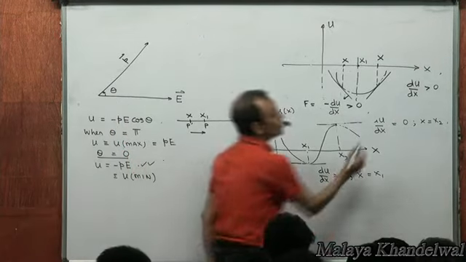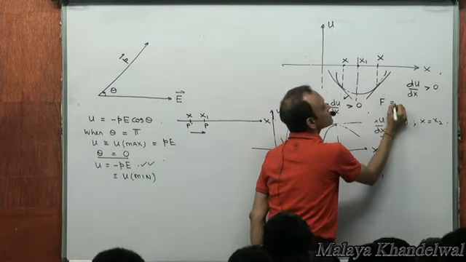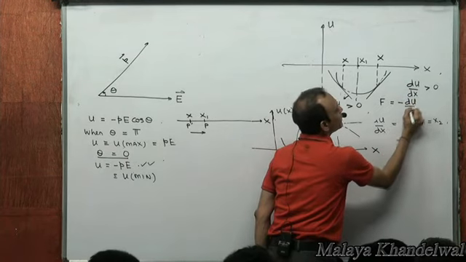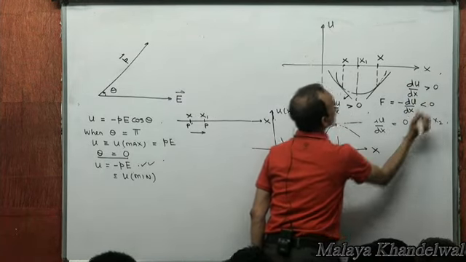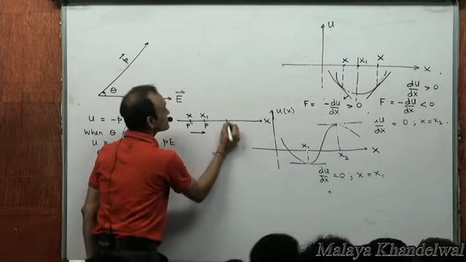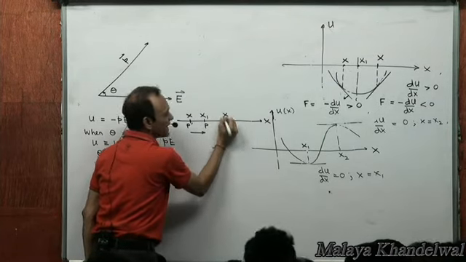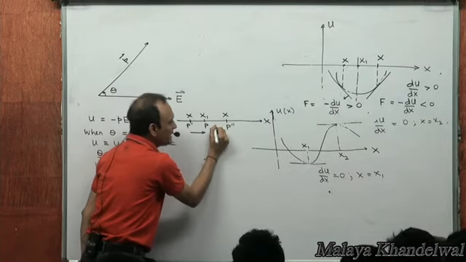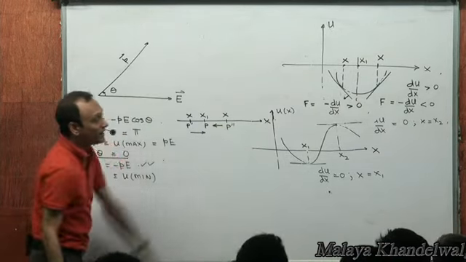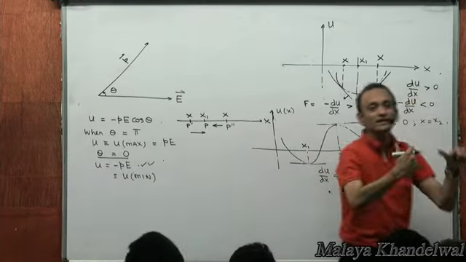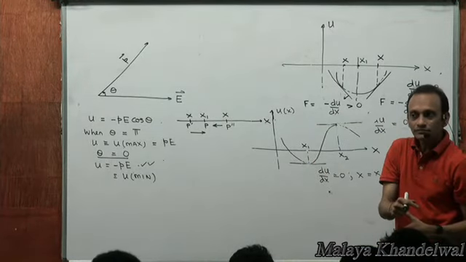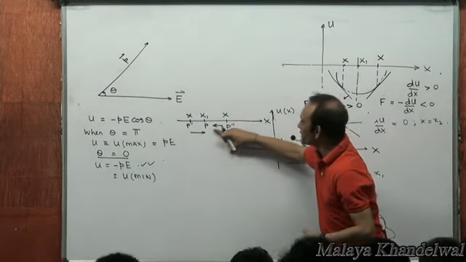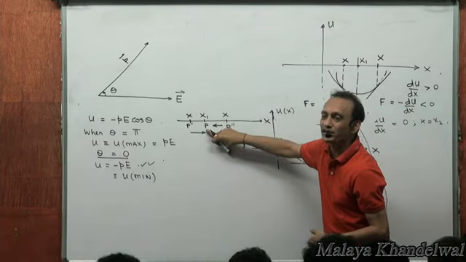So the force acting on the particle, which is minus du/dx, will be negative. That means if I displace the particle to p double prime at this x, the force experienced is negative. Negative means leftward force. That will attempt to bring the particle back to p.